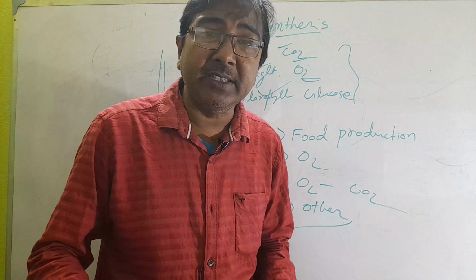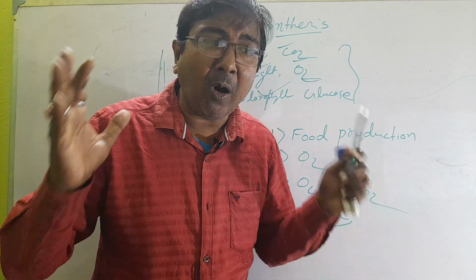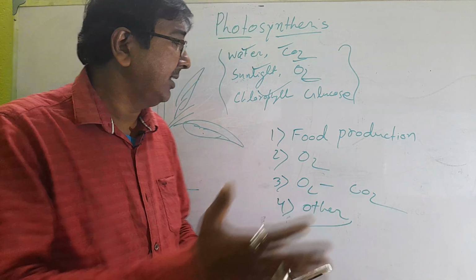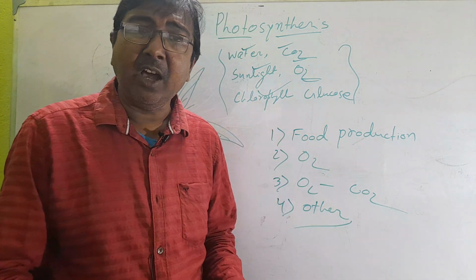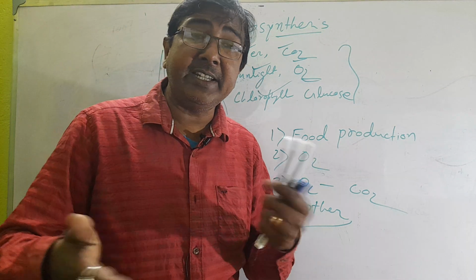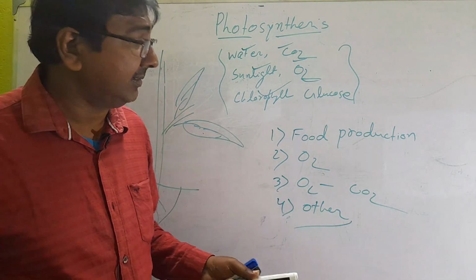By the process of photosynthesis, food is produced, so all animals depend on photosynthesis for food, directly or indirectly. During photosynthesis oxygen is produced, which is very essential for living organisms.